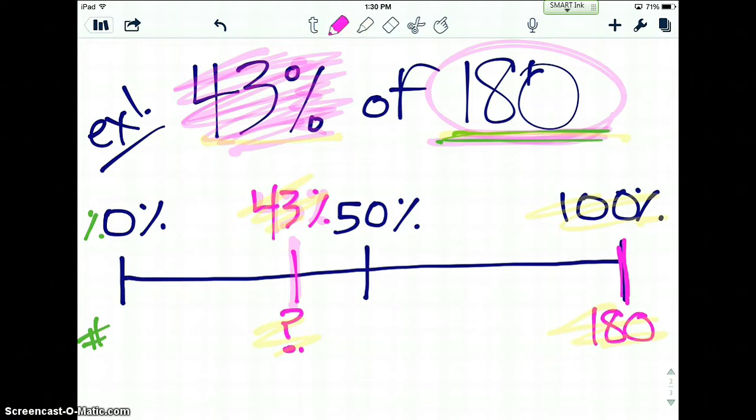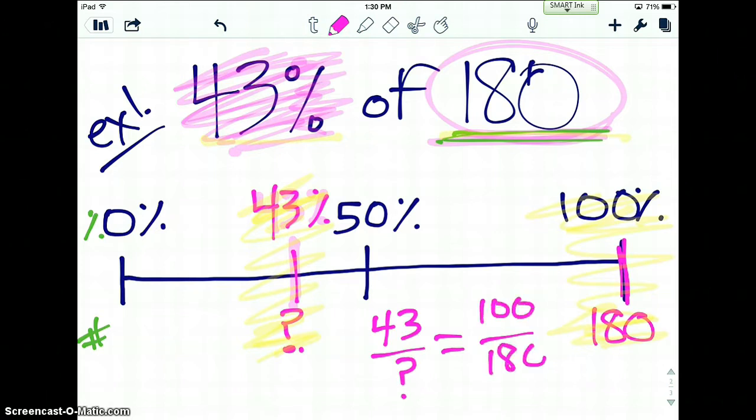Okay, so let's just set up a proportion and go with it. Since we highlighted this way, let's go ahead and set those up. So I have 43 goes with question mark, just as 100 goes with 180.